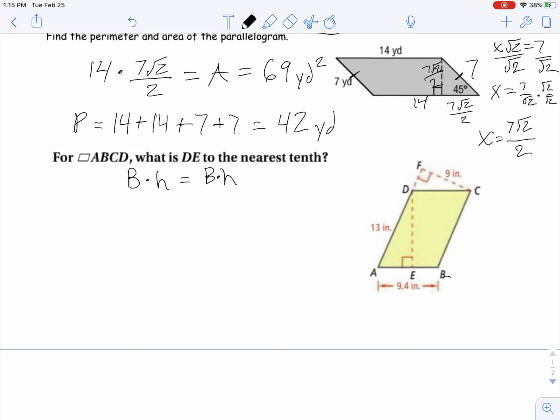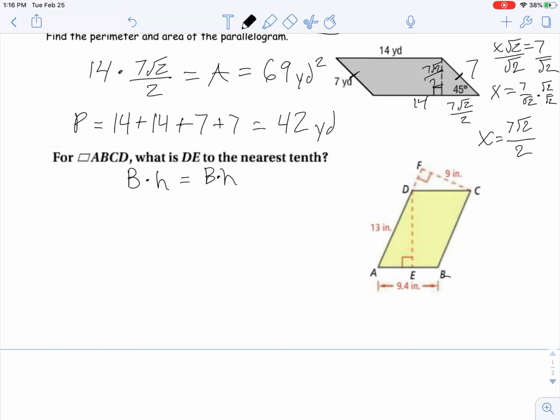Base times height should be equal to base times height, right? Now, does that really work if I use different bases and different heights? For example, what if I said 9.4 was my base? Versus what if I said 13 was my base? You would assume, and you'd be correct to say, it shouldn't matter which one your base is. So, this is how we're actually going to set this up.